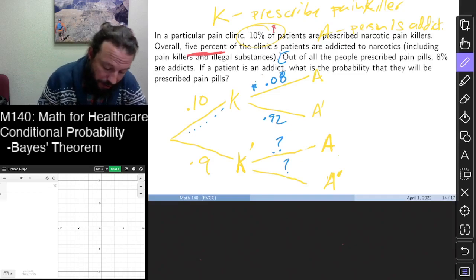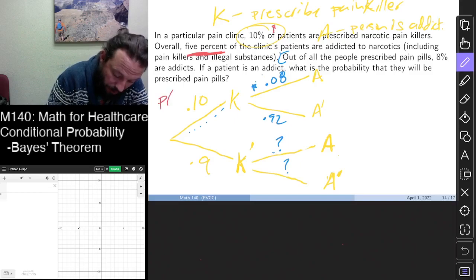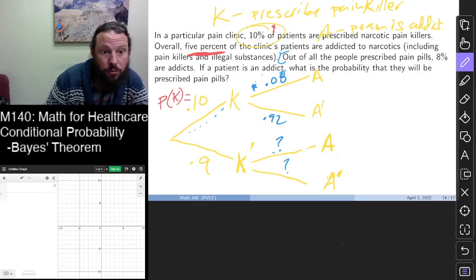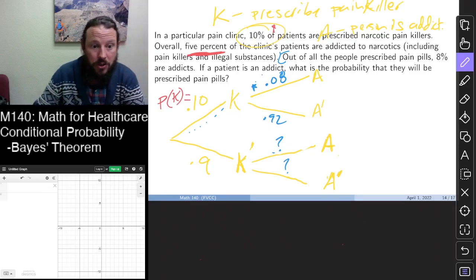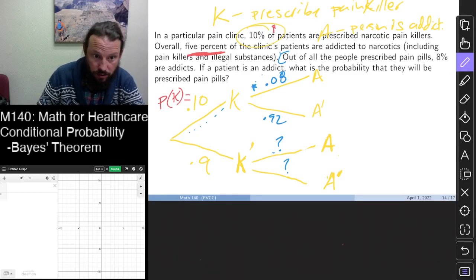So K here, that 10% tells me that the probability of a person being prescribed painkillers is 0.1, right? That 10%.